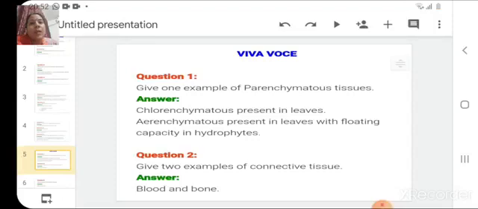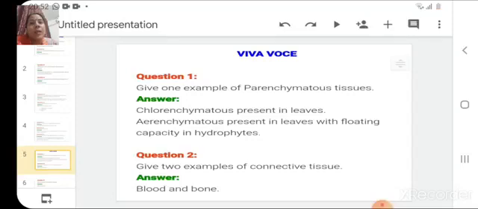Again, one more question is taken from the nervous system, that is, what is a neuron, or define neuron. So neuron is the nerve cell. It is a structural and functional unit of the nervous system. Now one more interesting question is there. Name the muscle in animals that are multinucleated. These are striated muscles.